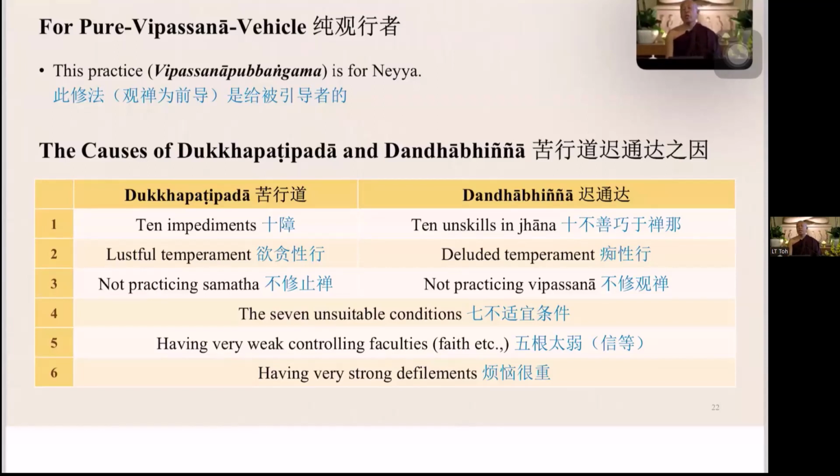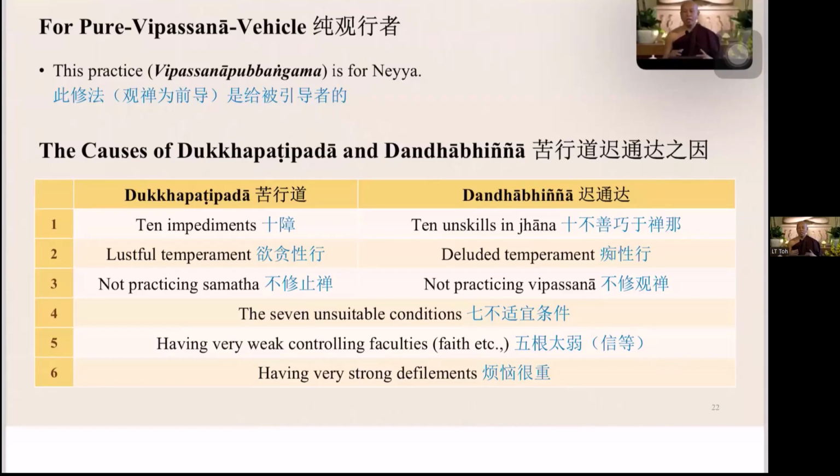So for Neya Bugala, we may have all these conditions, right? But if we summarize, there are 9 conditions. 10 impediments, lustful temperaments, no practice in samatha. This is one group. Otherwise, 10 unskills in jhana, diluted temperament, not practicing vipassana. There's another group.